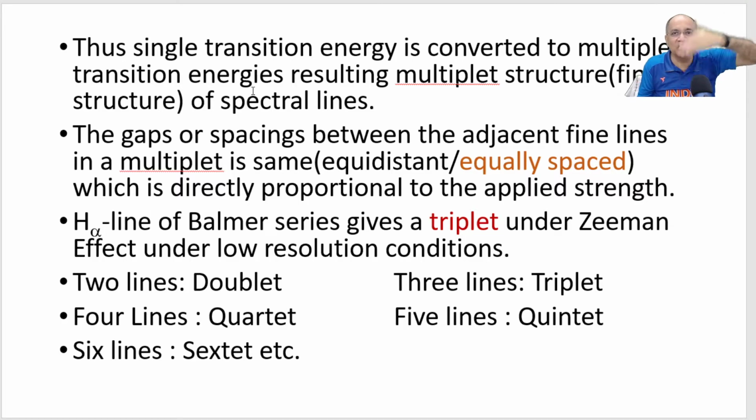So the transitions will be 5 into 3, 15 different transition energies will be involved, right? So thus a single transition energy is converted to multiple transition energies, resulting in multiplet structure or fine structure of spectral lines. Can you tell me what we are talking about now?